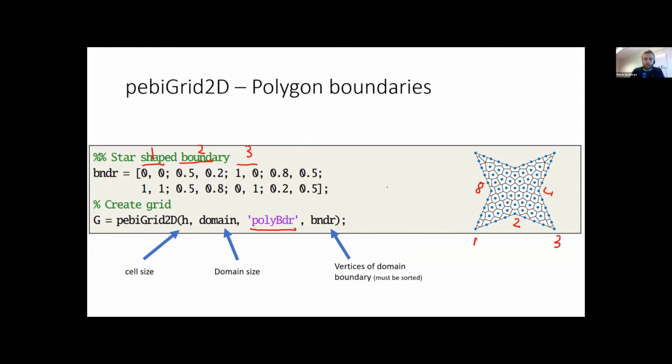So the last one here is 8. So this would be the last vertex around our domain. And you can then create a polygon by the vertices of the polygon. You just have to make sure you're sorting the points in your polygon either clockwise or counterclockwise.